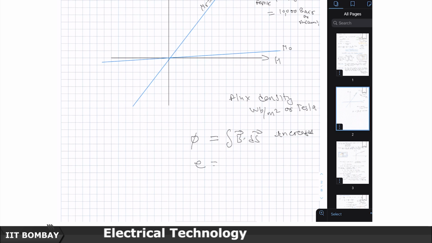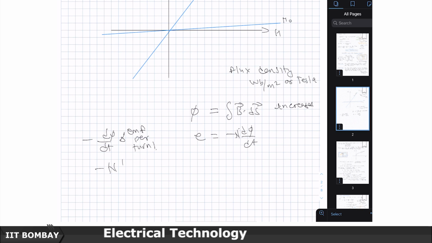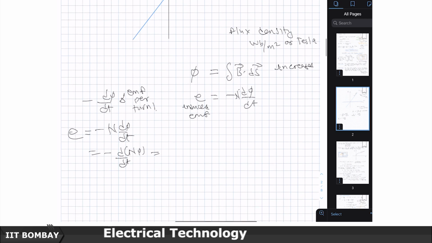And since Faraday's law says that the induced EMF is proportional to the rate of change of flux, and if there are n number of turns, then the additive effect of those turns will cause d phi by dt to turn out to be my EMF per turn, and if you sum it over many turns, then this will become the induced EMF, which would be the same as minus d by dt of n phi, which is also called flux linkage.